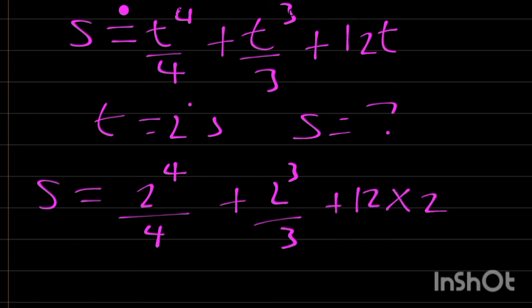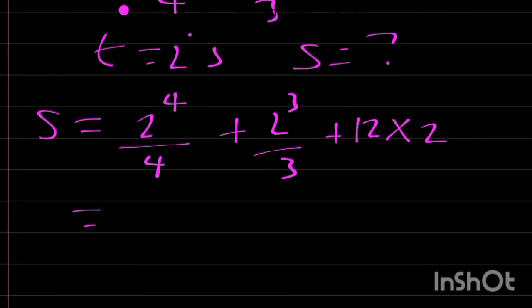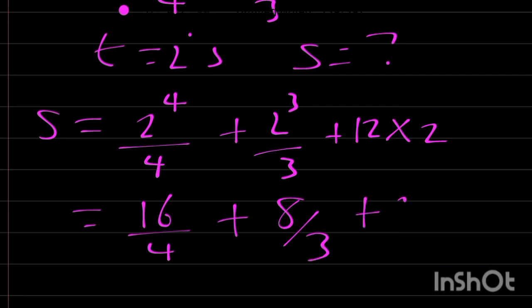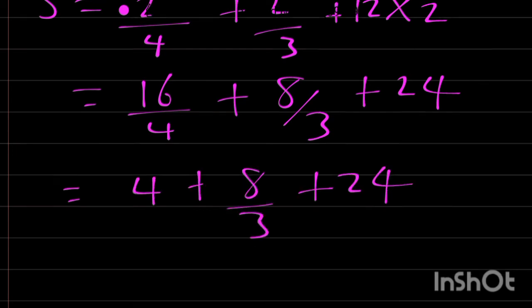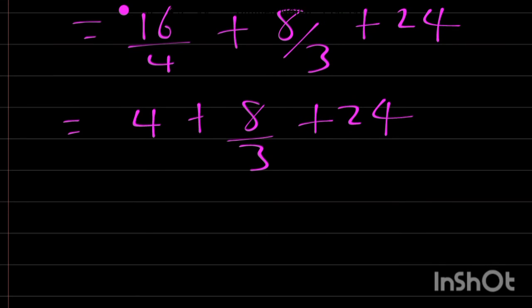2 raised to power of 4 over 4 plus 2 raised to power of 3 over 3 plus 12 times 2. Therefore, I'm going to have 2 raised to power of 4 is 16 over 4, then plus 2 raised to power of 3 is 8 over 3, then plus 24. So this is equal to 4 plus 8 over 3, then plus 24. So I have 28 plus 8 over 3.